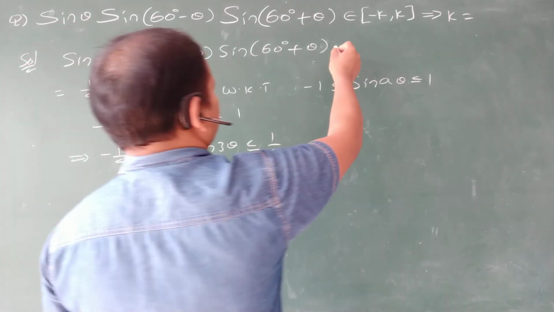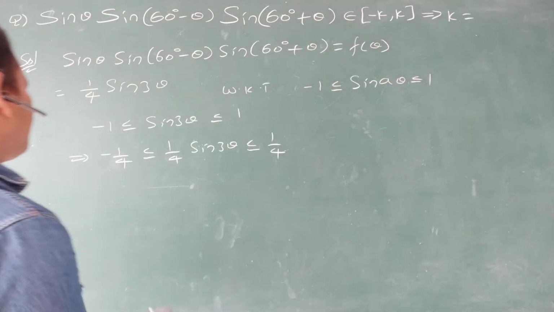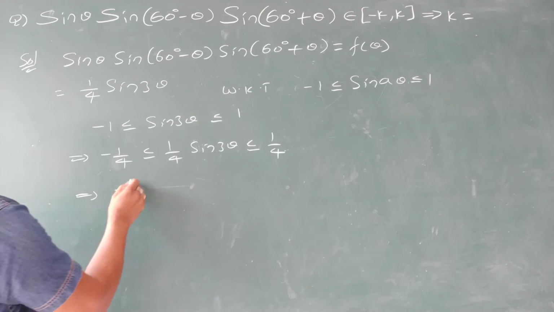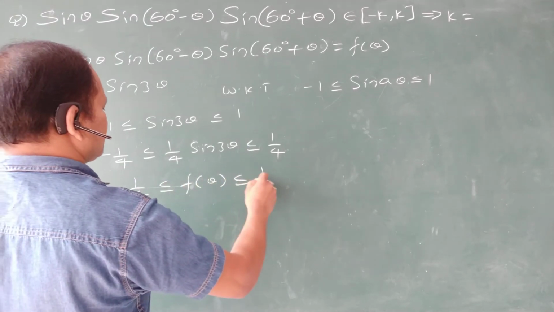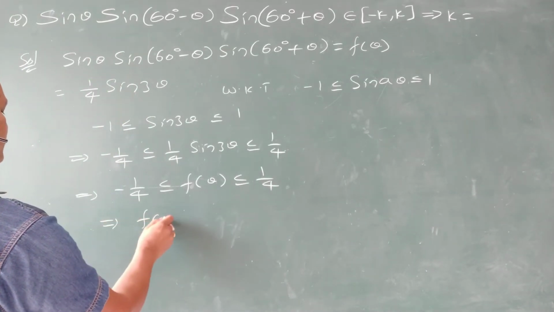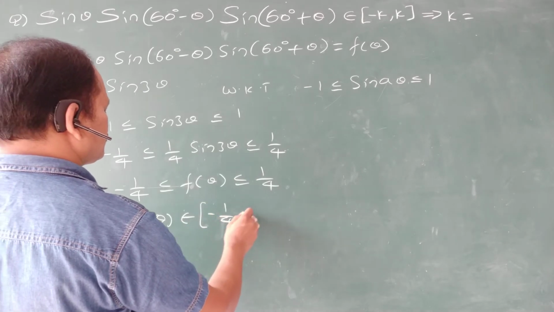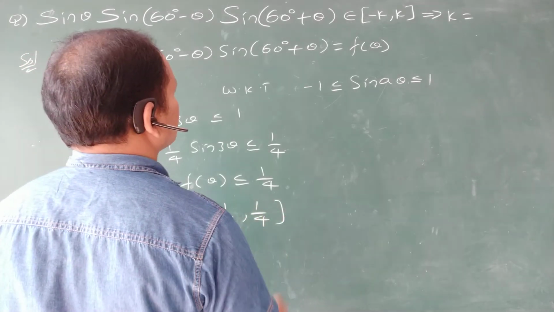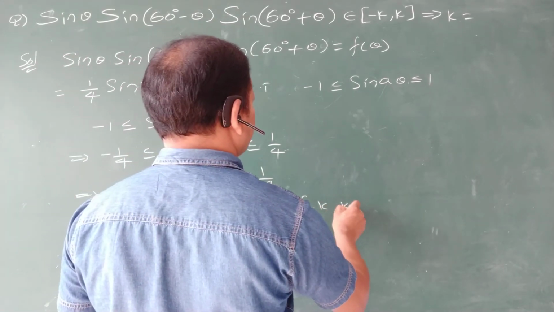Suppose it is taken as f of theta, that's why minus 1 by 4 less than or equal to f of theta less than or equal to 1 by 4. So f of theta belongs to minus 1 by 4 to 1 by 4. Given there it is minus k to k.